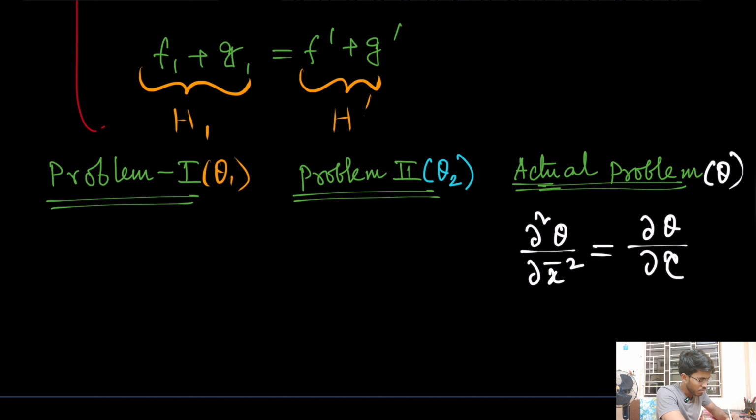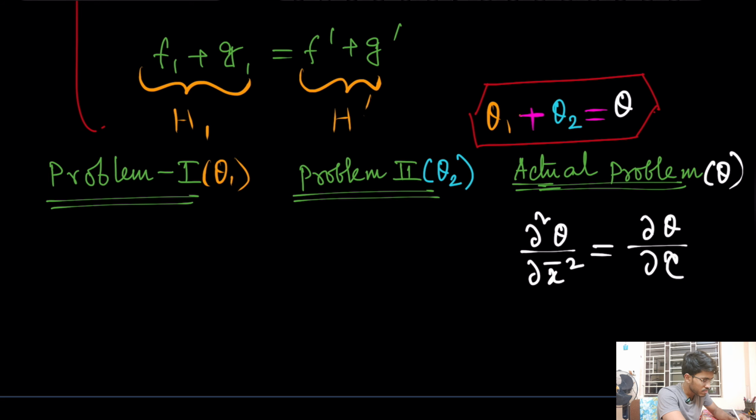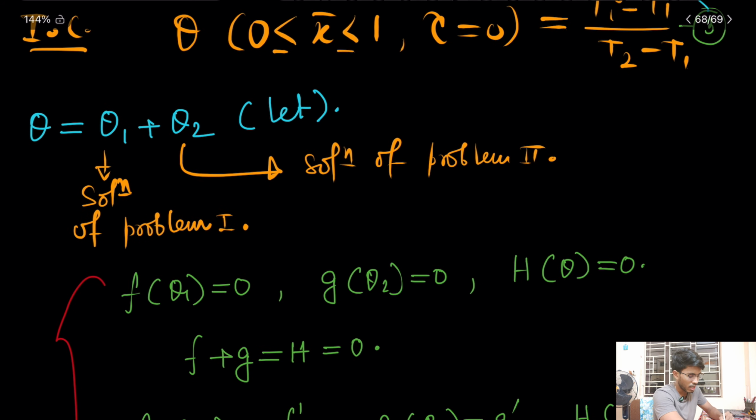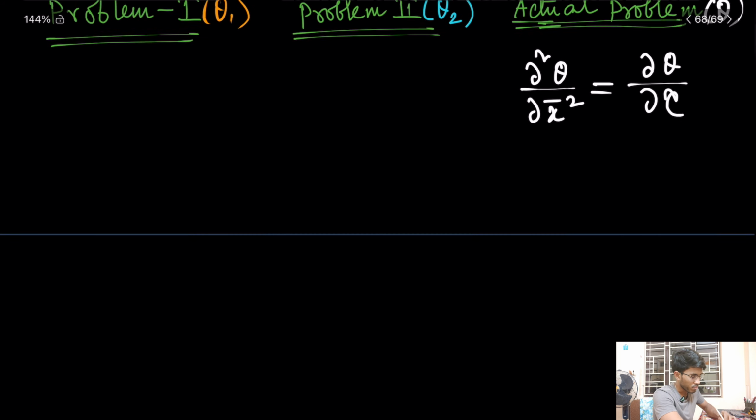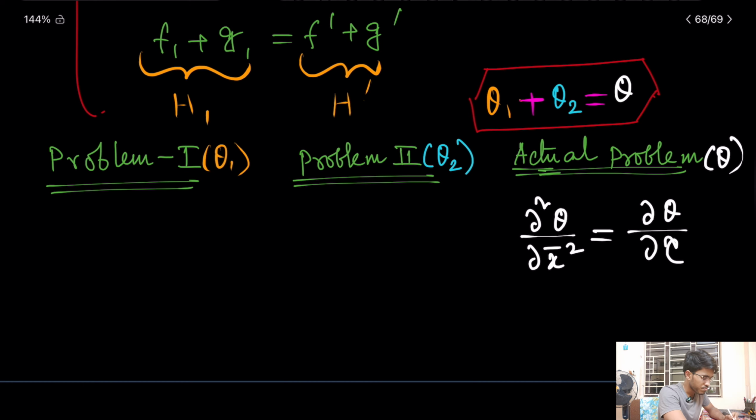So first of all, my theta 1 plus theta 2 is equal to, okay, let me use the appropriate colors, then it will be embedded into your mind. Theta 1 plus theta 2 is equal to theta. So this is how we have defined the smaller problems, right?